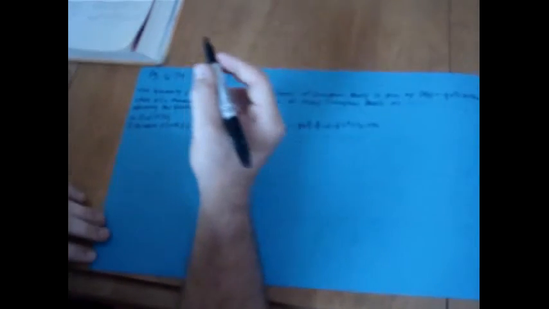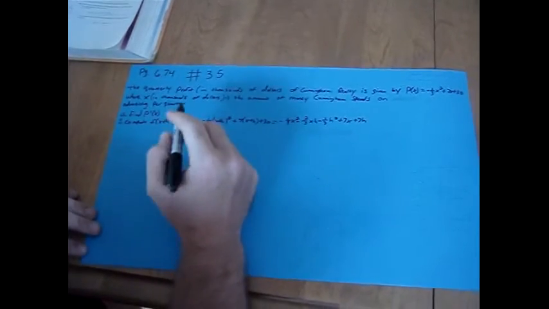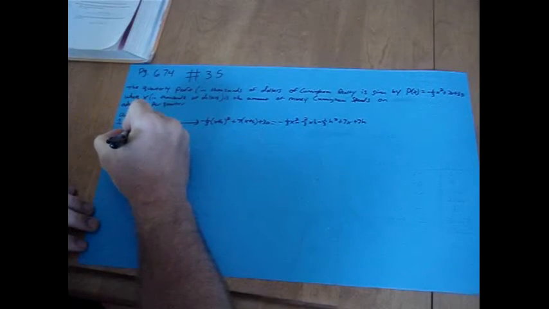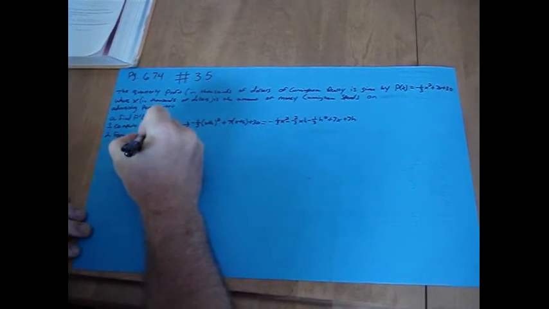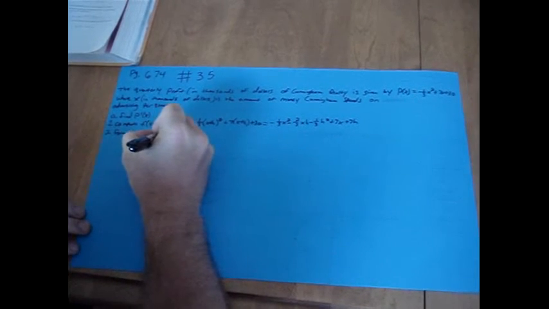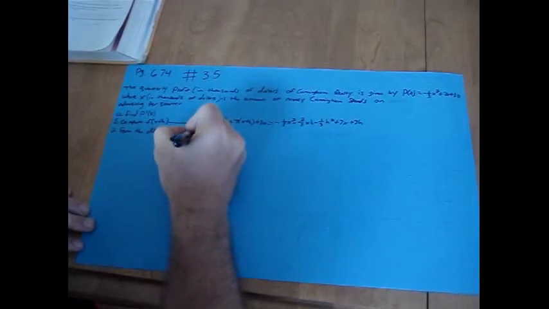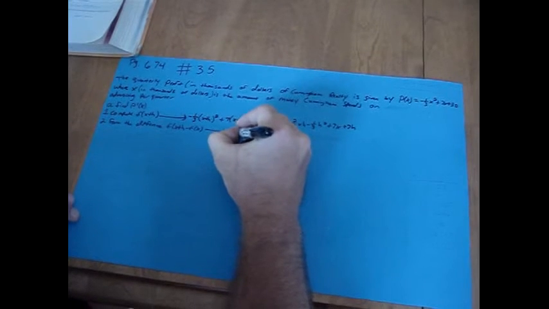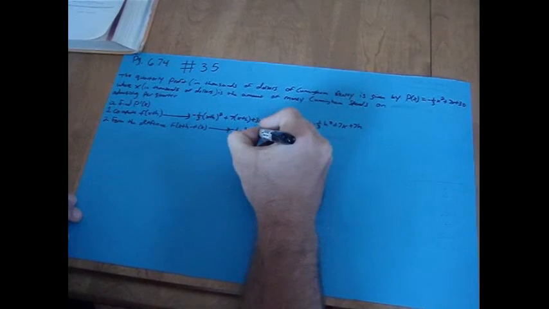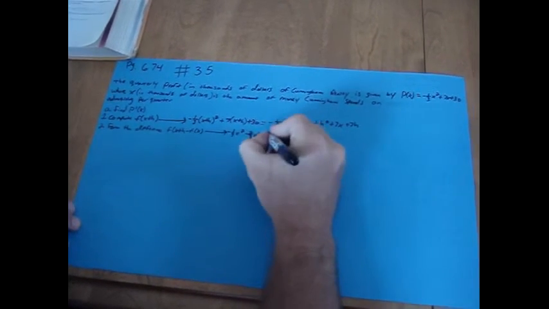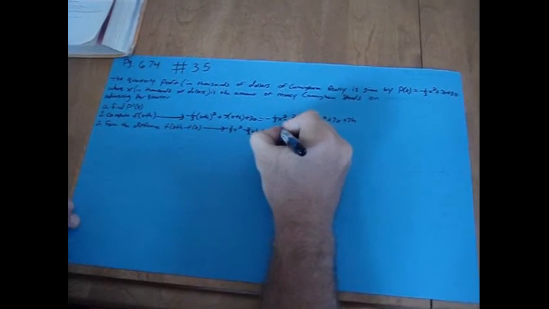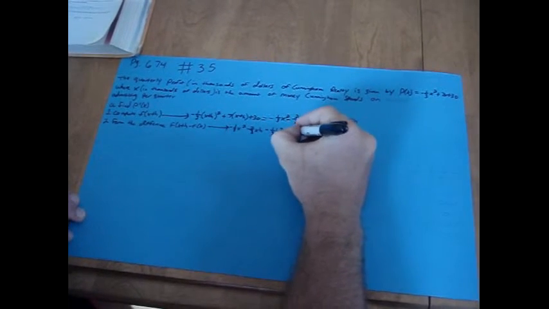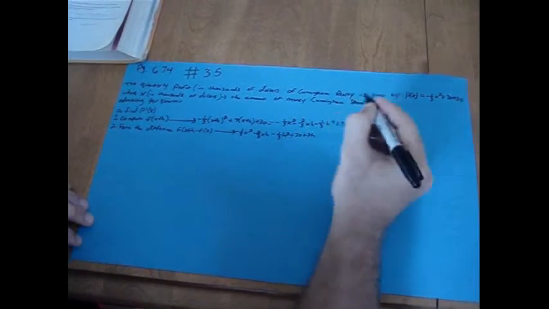And step number 2 is form the difference, f of x plus h minus f of x, which is negative 1/3 x squared minus 2/3 xh minus 1/3 h squared plus 7x plus 7h.